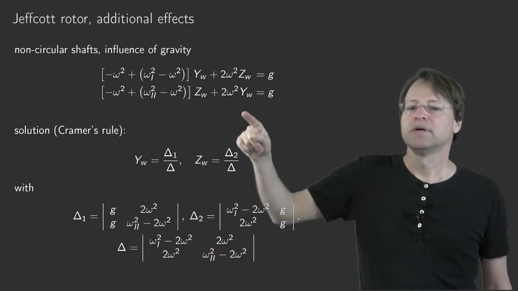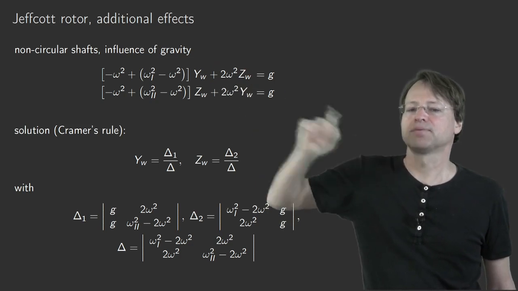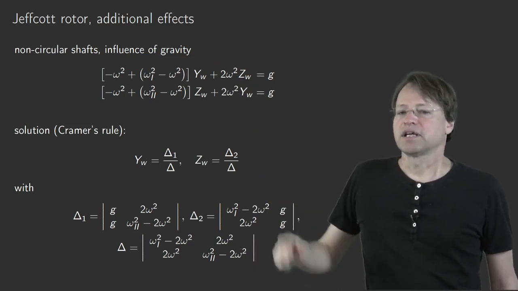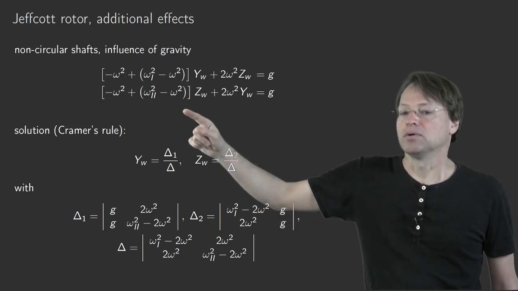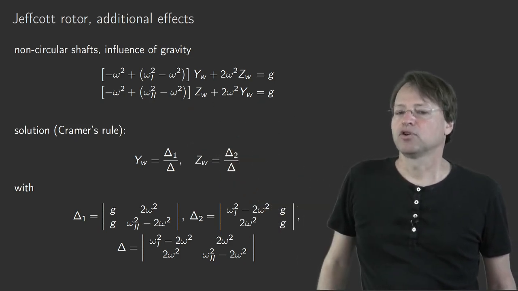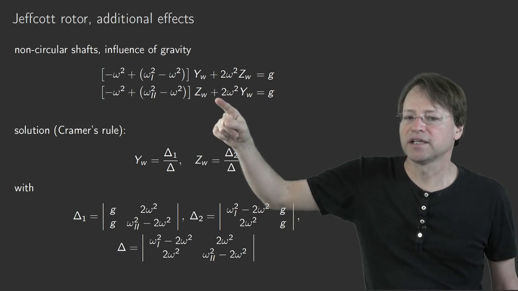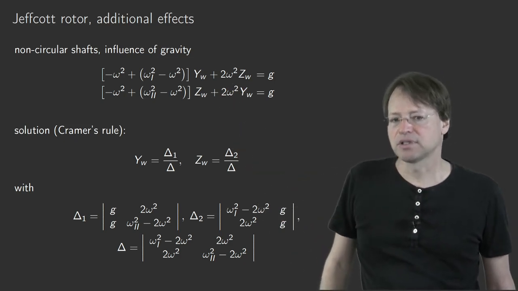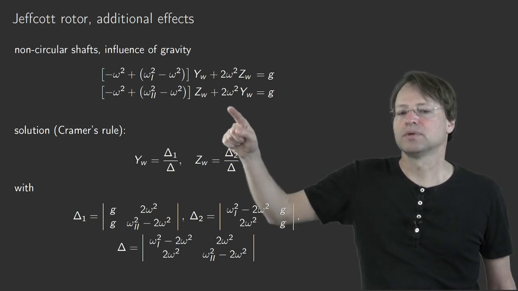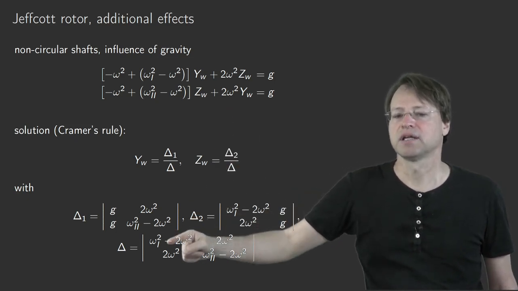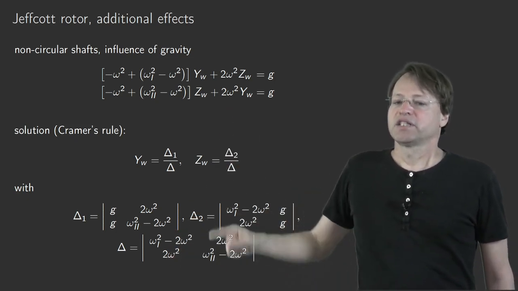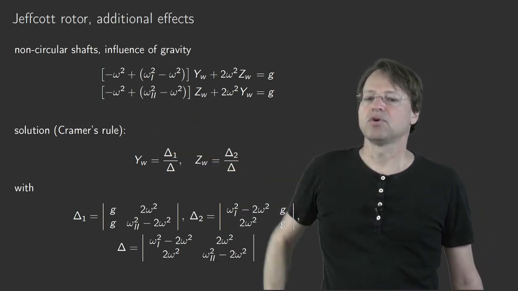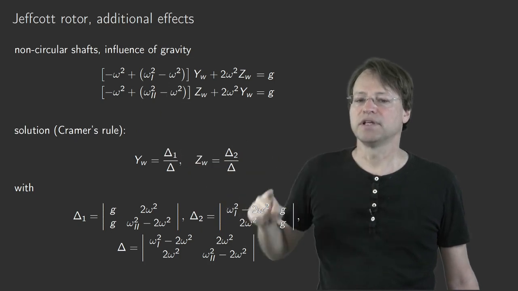In the second row, I start again in the first column with the term in capital Y sub W, so with 2 omega squared, and in the second column, omega 2 squared minus 2 omega squared.